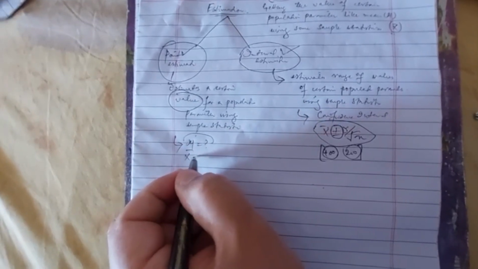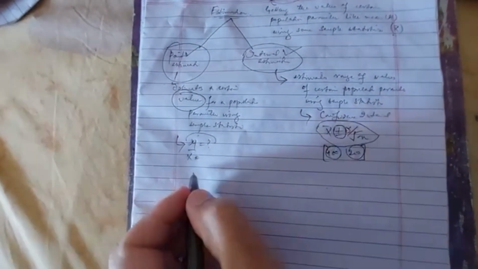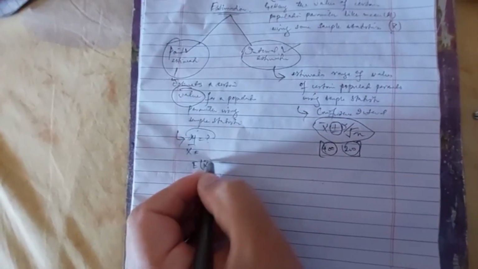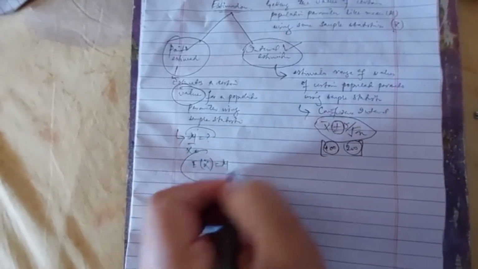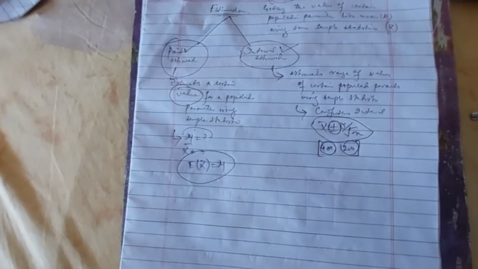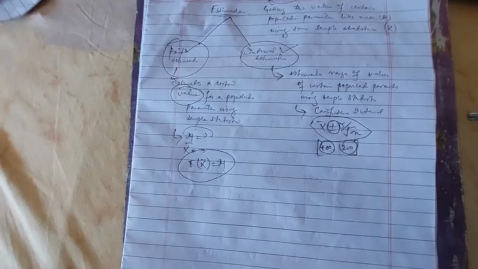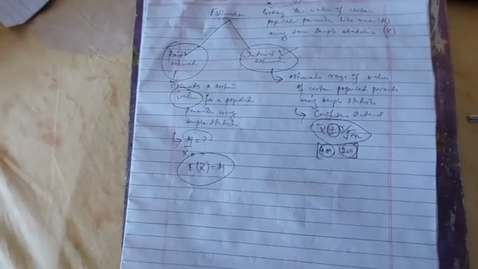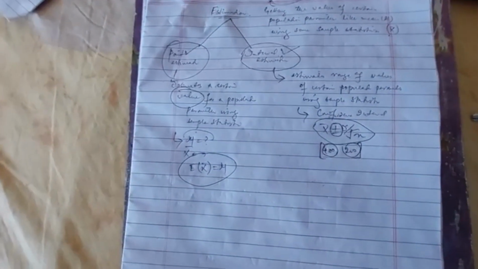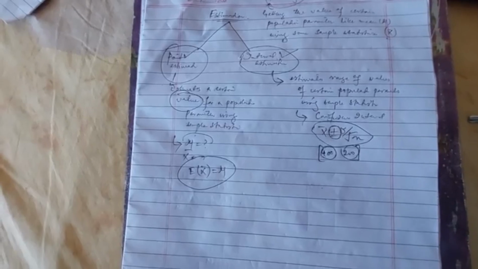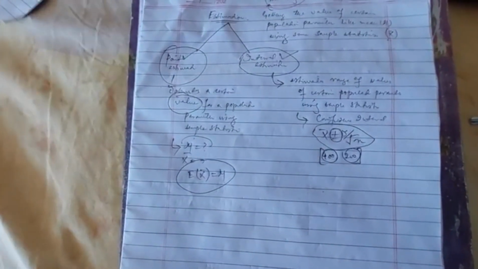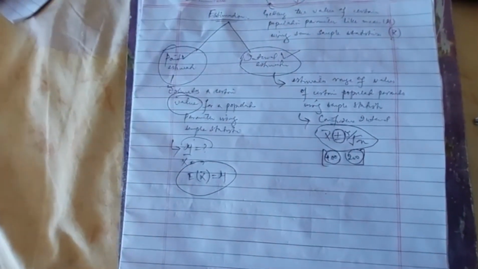So the expected value of this X bar, I consider it as mu, which is the mean of the population. So using a small sample, I predicted or estimated the value of a certain parameter of a large population.